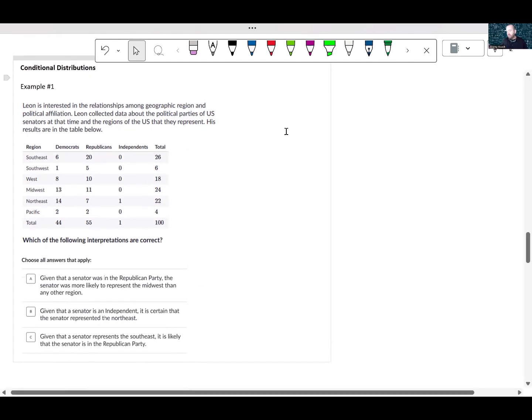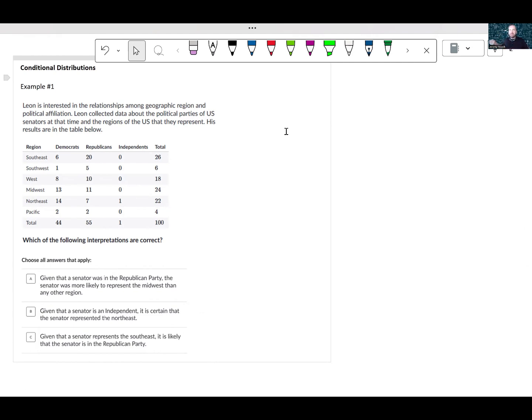Now, I didn't put steps for the conditional distributions this time because we have some answer choices where it says choose all that apply. And I thought it would be easier to just go through A, B, and C and see which one or which ones were true based on the statements that they give us.